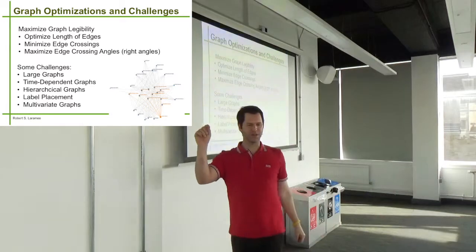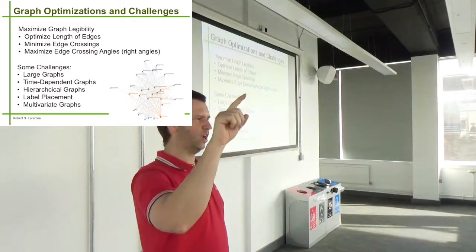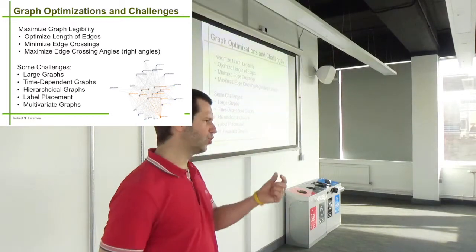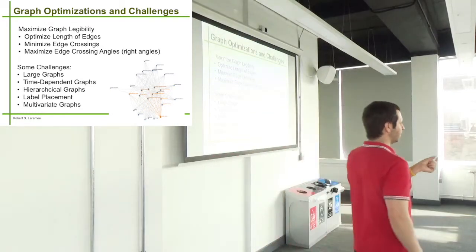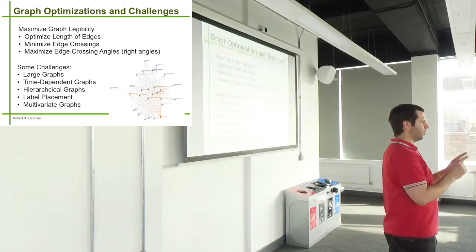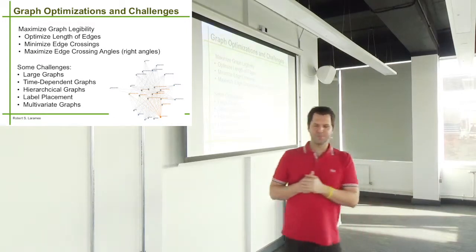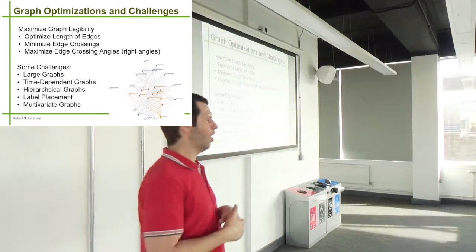The longer that edge is, the more difficult it is to see the connections. Too short is also bad. If the edge is too short, you can't see it at all. And there's something in the middle that's like the best length. So you want to optimize the edge length, minimize edge crossings.